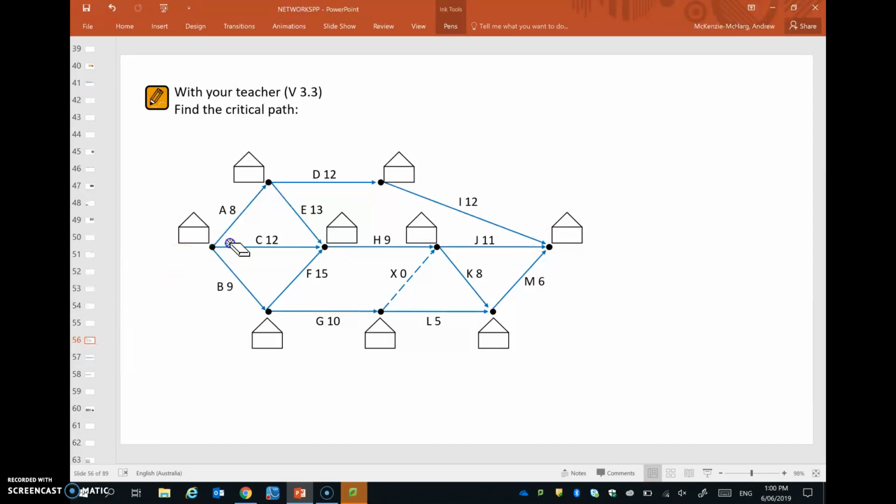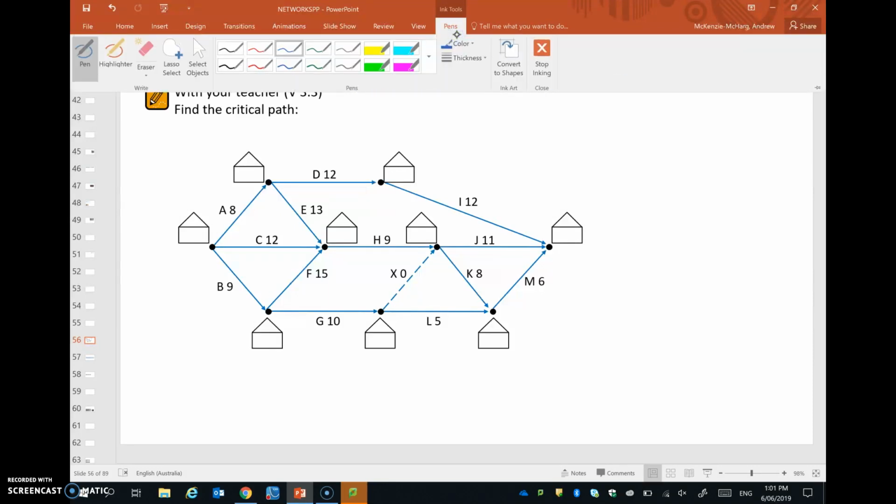Now, this involves a process where we complete what we call a forward scan. And on the forward scan, we're looking for, I suppose what we'd say, the longest way to get from each vertex to the next one.